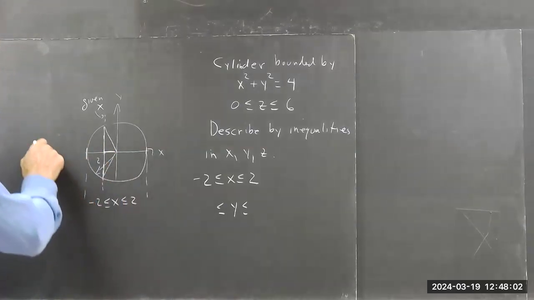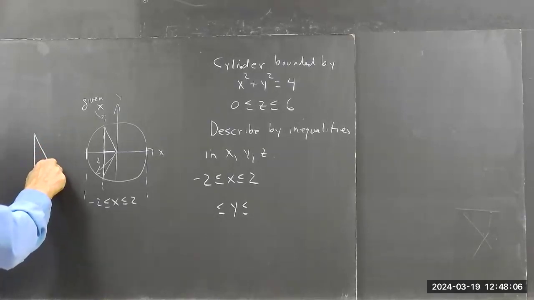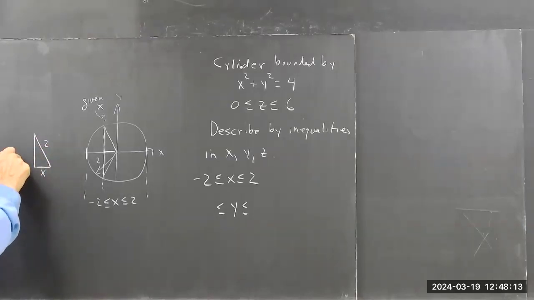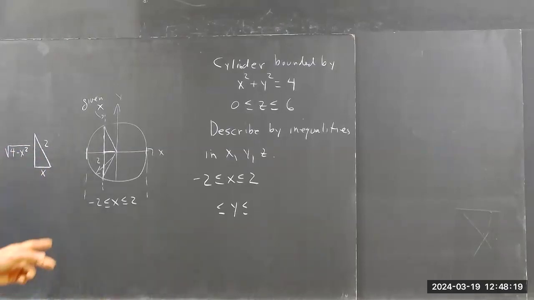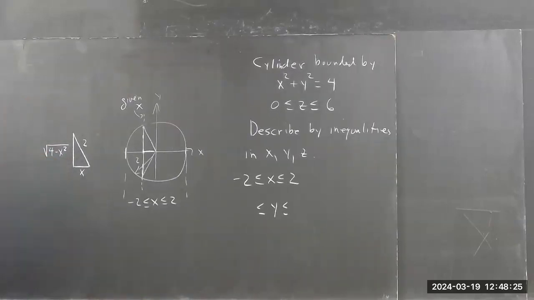Each of these triangles has dimension x here and 2 here, which means by the Pythagorean theorem that this leg is the square root of 4 minus x squared.